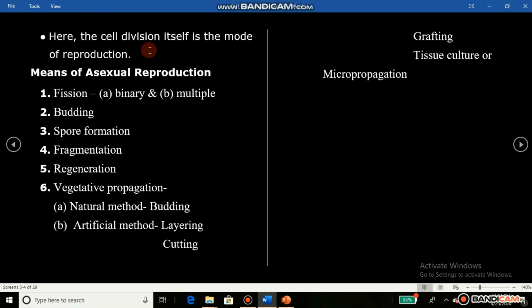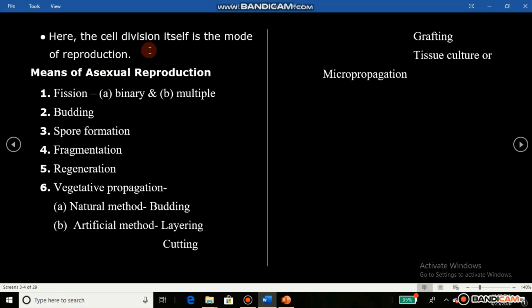The nucleus of the cell first copies the DNA, so it becomes double. Then half the DNA will separate, and this separation of the nucleus is known as karyokinesis.